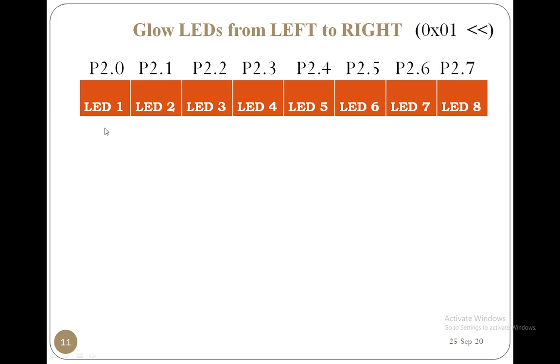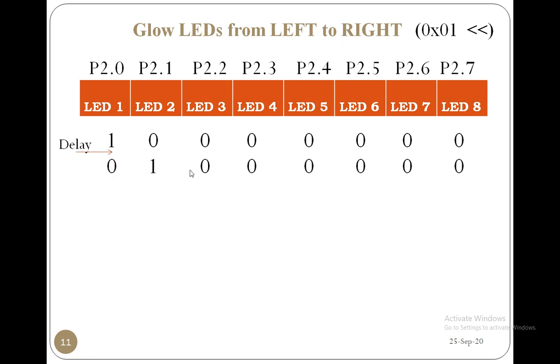For that, first I am going to store the bit pattern 1 followed by all zeros. At this position LED 1 will glow. After some delay I pass the next bit pattern to the LEDs. So LED 1 will glow, after 1 second it will turn off and the second LED will glow.